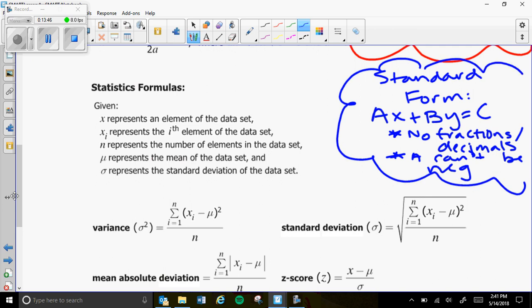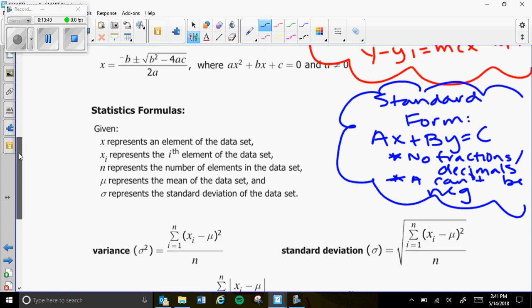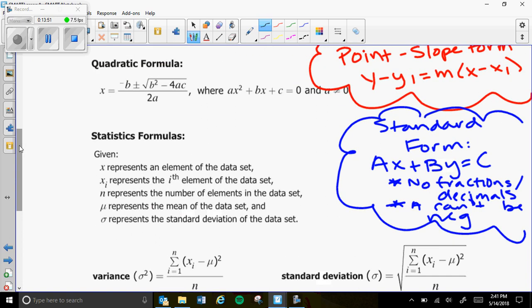We're also going to go back to what we talked about a few classes ago and just add in graphing inequality so that you have that on your formula sheet as well. If I have less than or equal to or less than, I shade below.